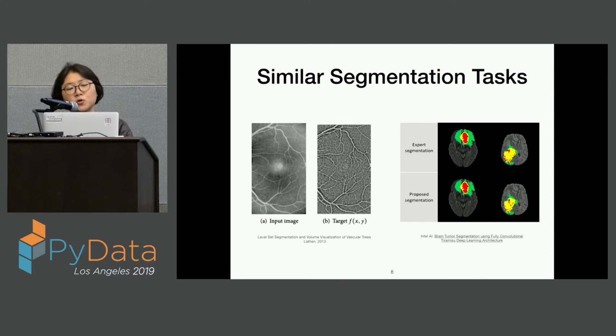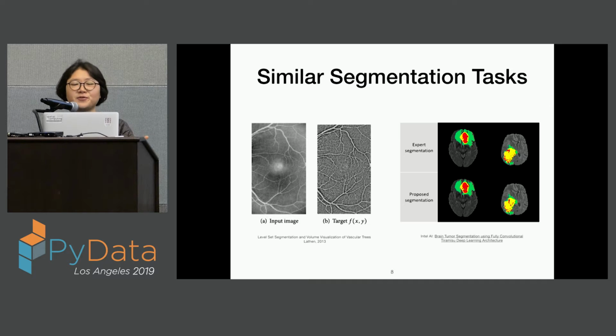I chose this topic of road segmentation because it's very applicable to other similar vision tasks. Here the first image, the left image, is a retinal image of our eyes. Given this image, we would like to extract out these retinal blood vessels.